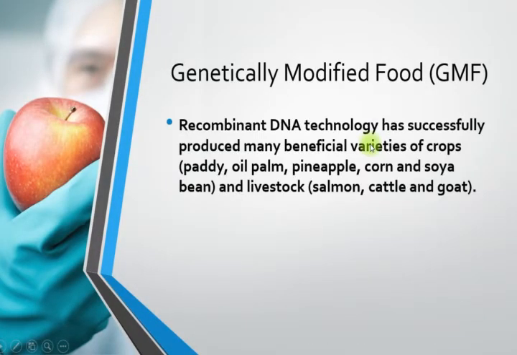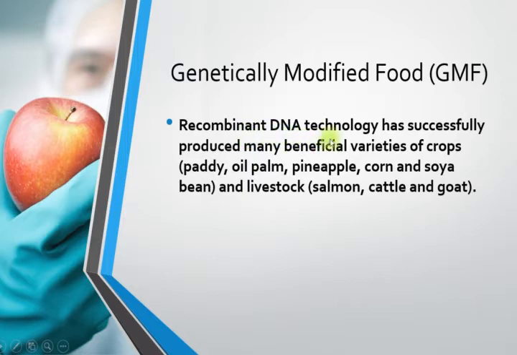Alright, now we go to genetically modified food. Just now we were talking about the genetically modified organism. Now we go to the genetically modified food, so focus on the food.